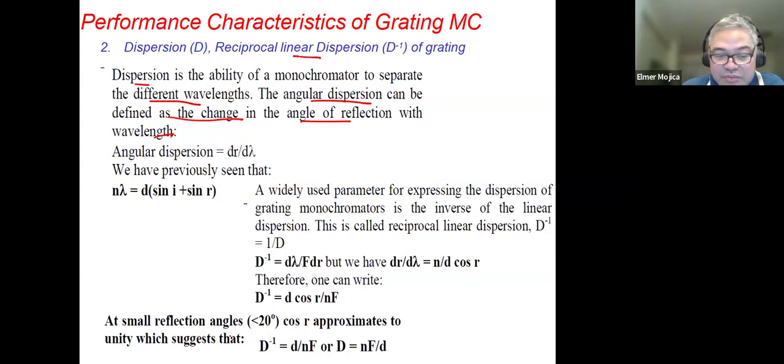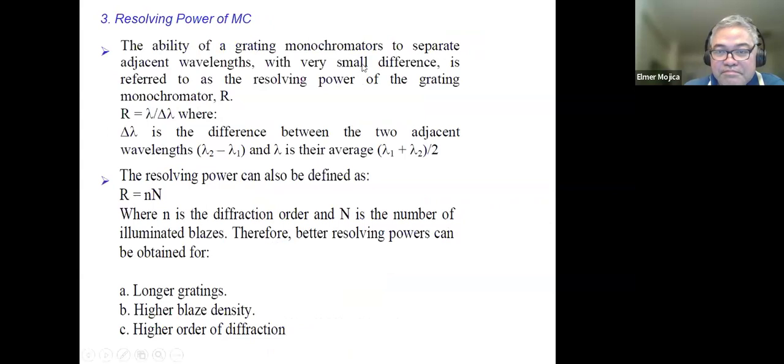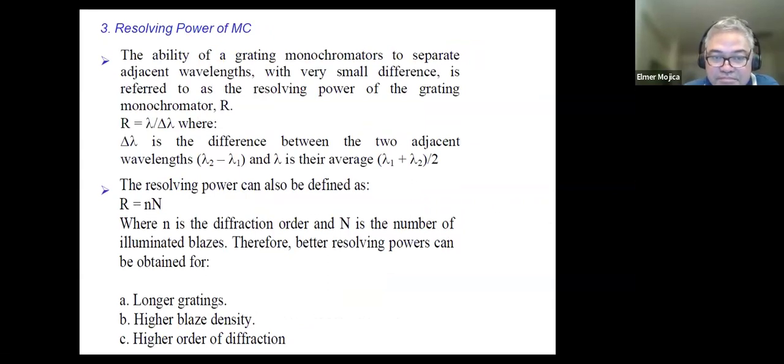It can cause cos θ to approximate unity, which suggests that the reciprocal linear dispersion will be d divided by n times f. What else?